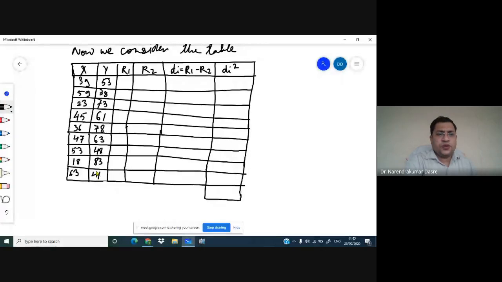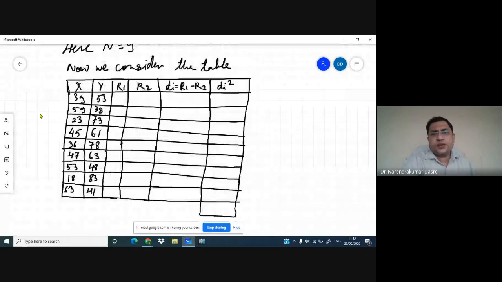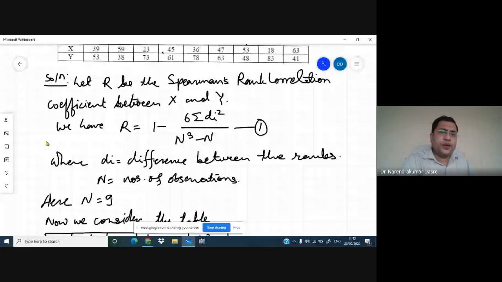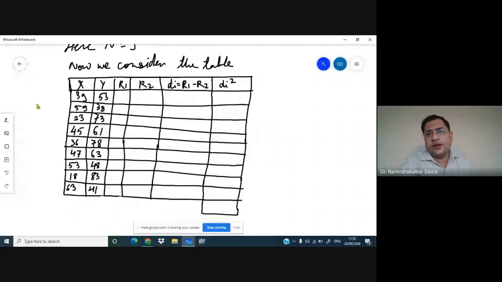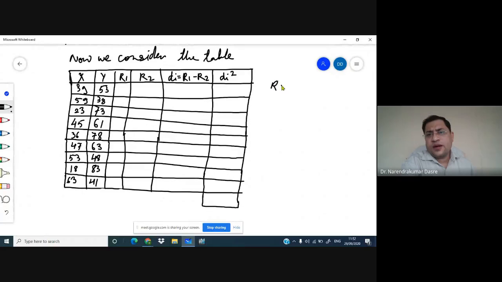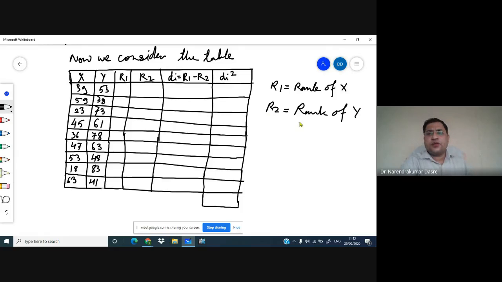Now we have to give this rank. I can say R1 is equal to rank of X and R2 is equal to rank of Y. As I said, maximum marks gets the better rank.